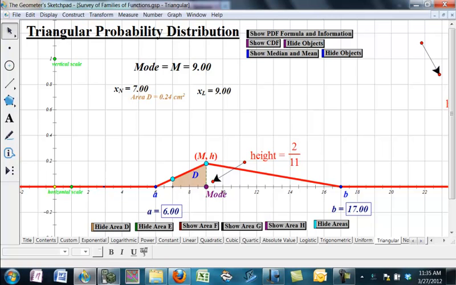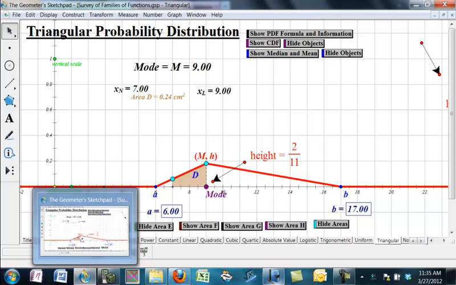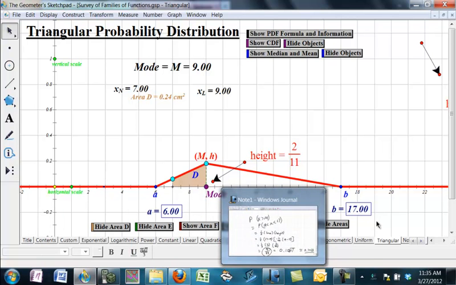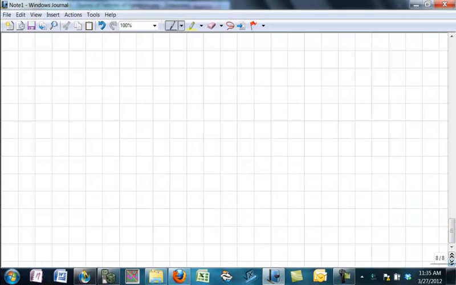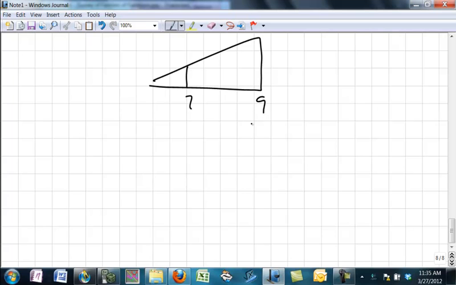So between 7 and 9. So we're looking at a situation like this. 7 and 9, this is 6. Okay? And we're looking at a shape that looks like this. So we want to find this whole triangle.